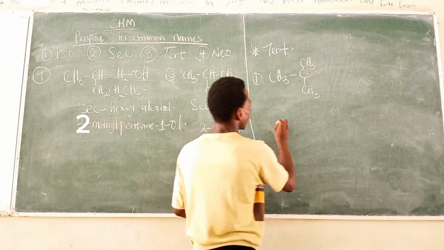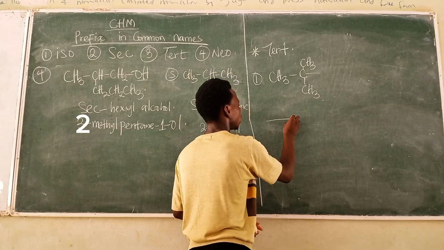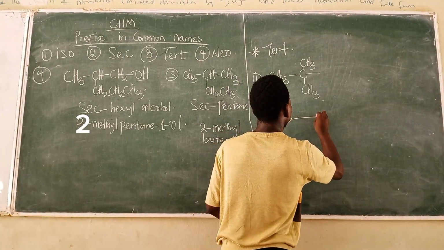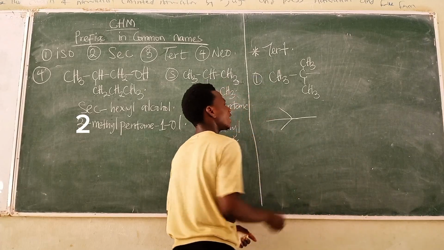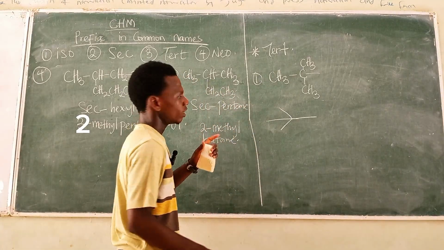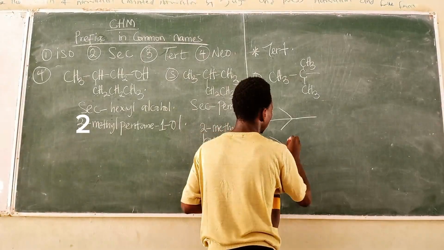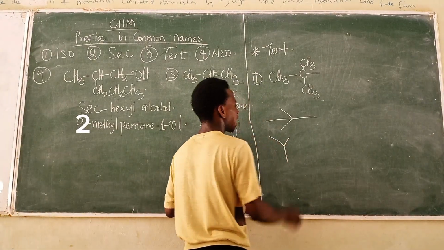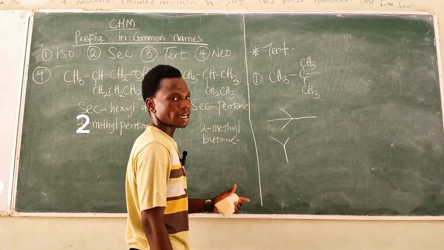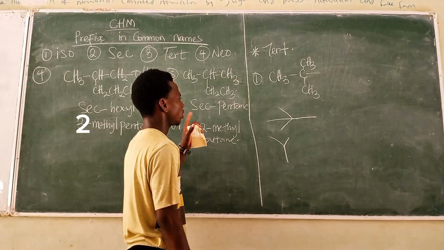So let's say for a Tert, you have this particular shape, unlike iso, where we have the Y shape. This is how you are able to identify and name organic compounds using the prefix Tert.